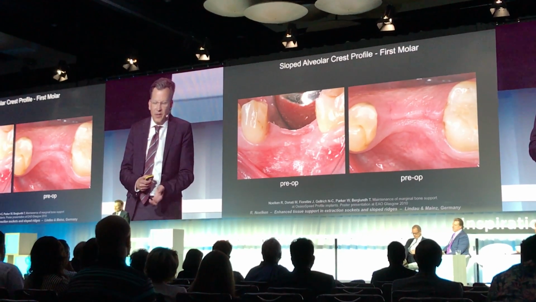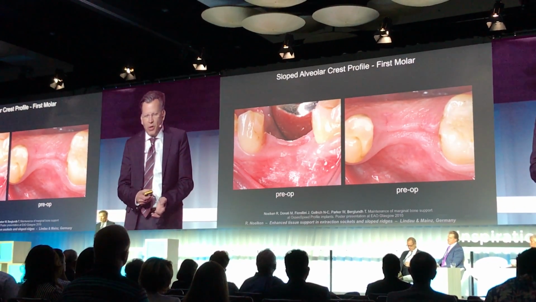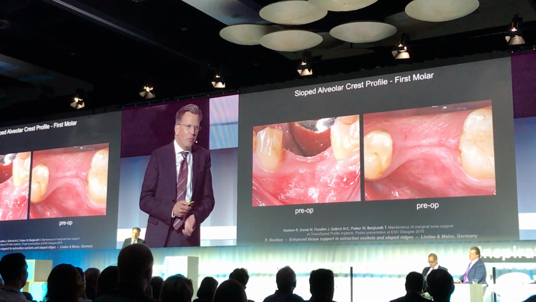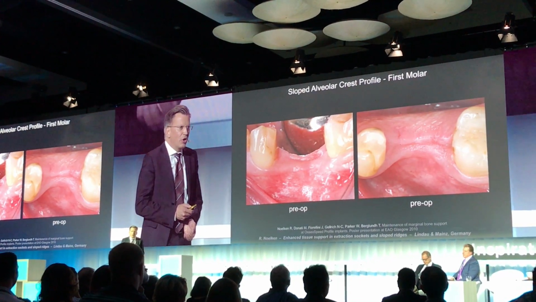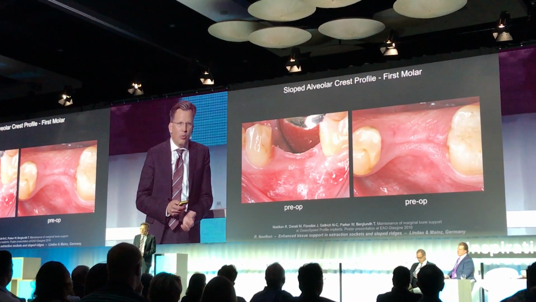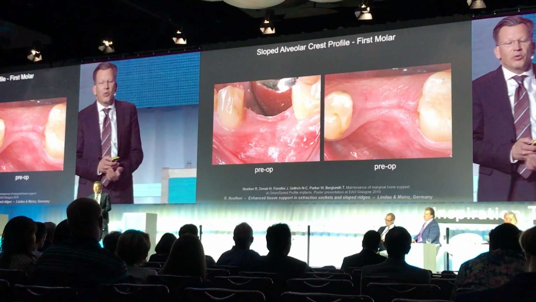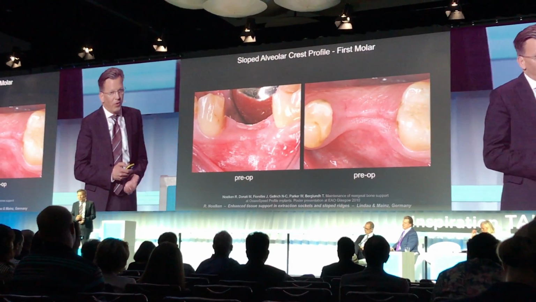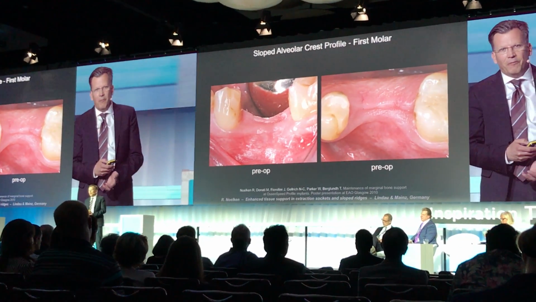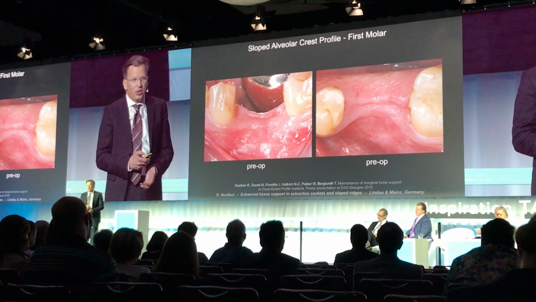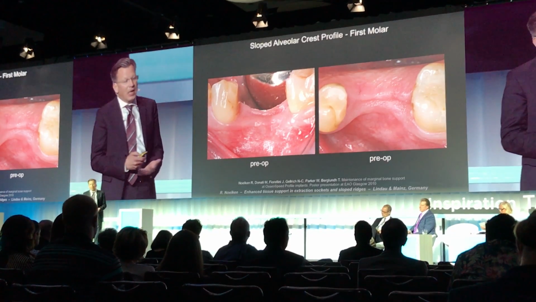In a multi-center study approach, starting in 2008, we proved the peri-implant marginal bone maintenance around those sloped implants. This is a typical situation where a first molar had been extracted by myself 3 months before. We see the slight lingual bone resorption and the severe buccal bone resorption.